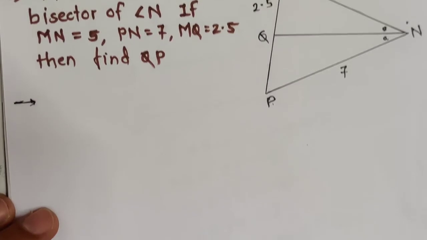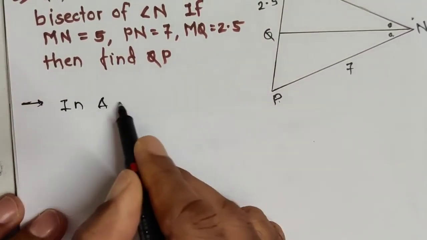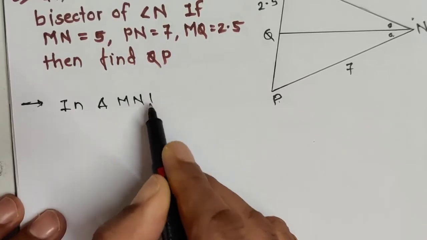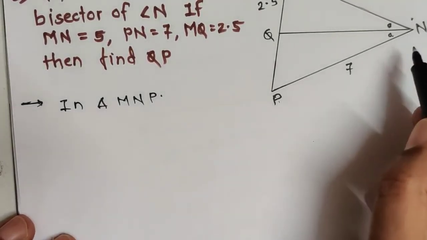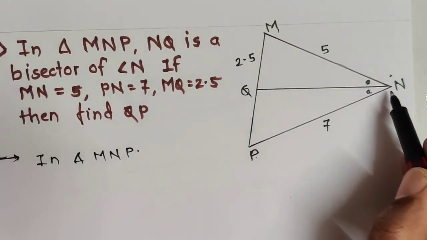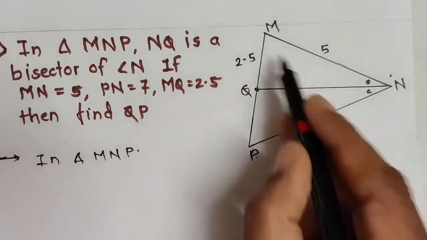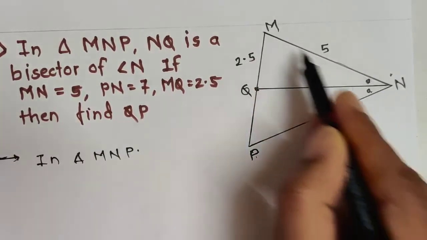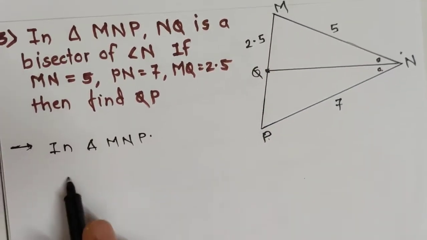So how to write? In triangle MNP, which ratios are equal? By the property of angle bisector, the side opposite to that angle is divided into two parts, and the ratio of these two parts is equal to the ratio of the remaining sides, meaning MN upon PN.